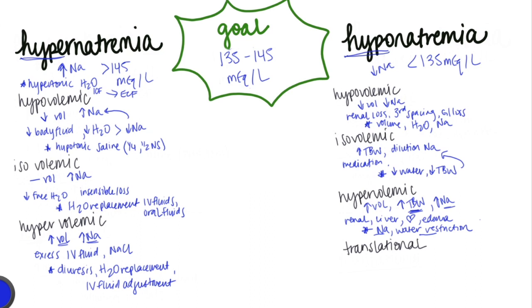Finally, in terms of hyponatremia, we're going to see what's called translational hyponatremia. And so this is actually going to be an instance of an elevation of blood glucose. So this elevation of blood glucose is also a hypertonic state, which means that we're going to see that movement of water from the intracellular fluid towards the extracellular fluid in hopes of dilution of this blood glucose status.